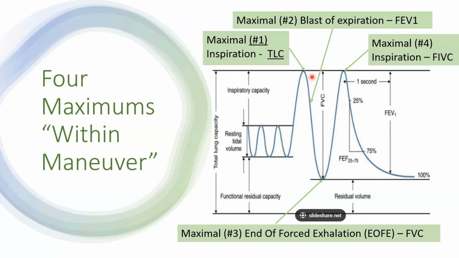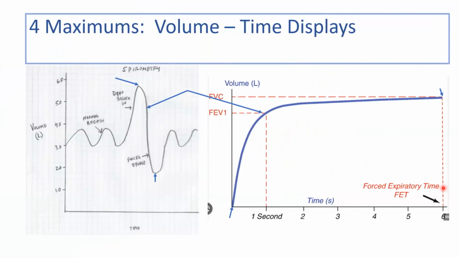Then we tell the patient to inspire with maximal effort until completely full for our fourth maximum, which is the inspiration, the forced inspiratory vital capacity. For optimum quality control, the operator displays and inspects both volume time and flow volume graphs for the 4 maneuvers after each forced vital capacity maneuver.